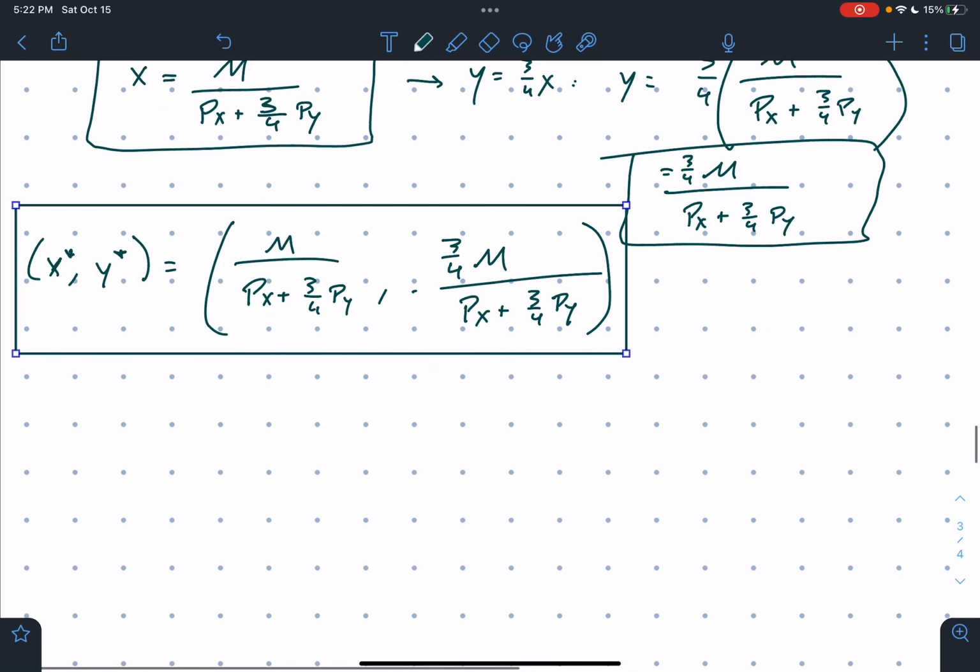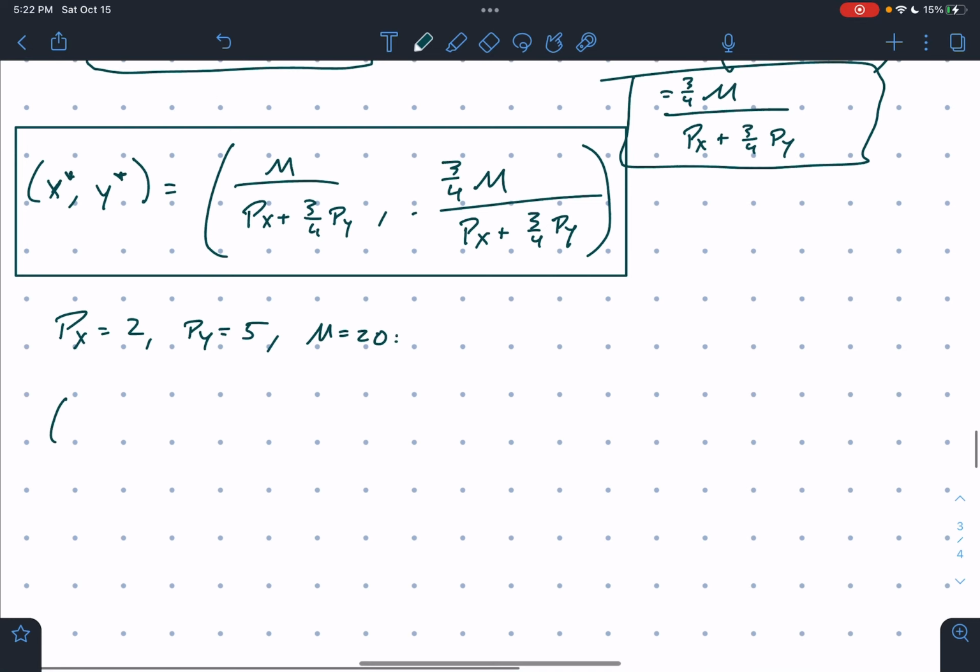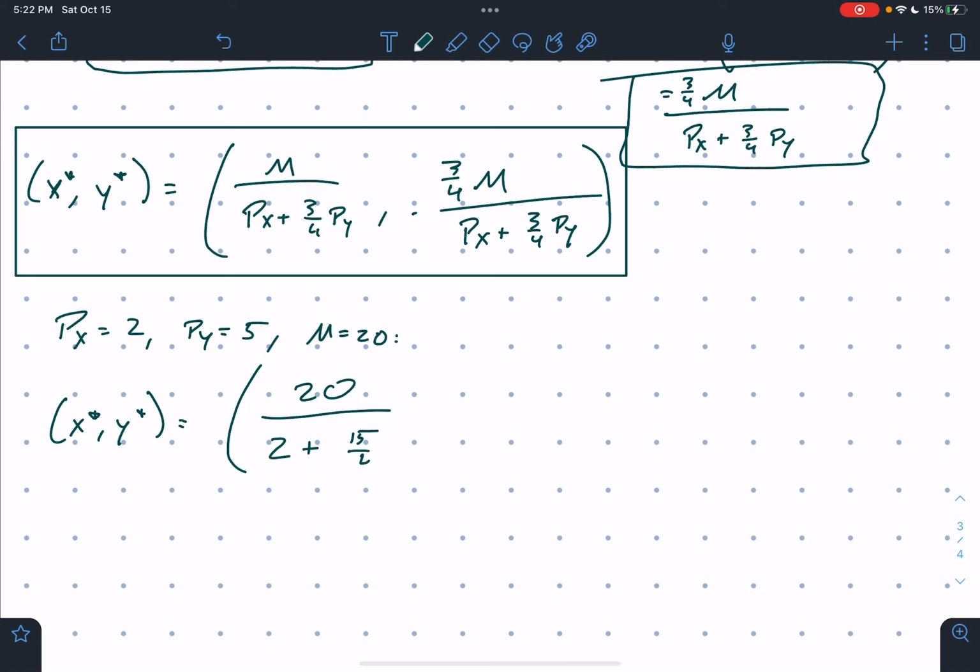Now we're asked what happens when px is equal to 2, py is equal to 5, and m is equal to 20. So this means that x star is going to be 20 over 2 plus 3/4 times 5, which is just going to be 15 over 4.